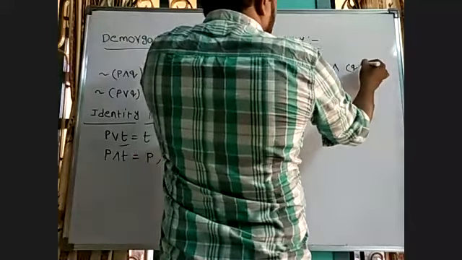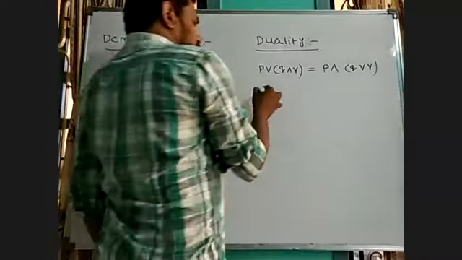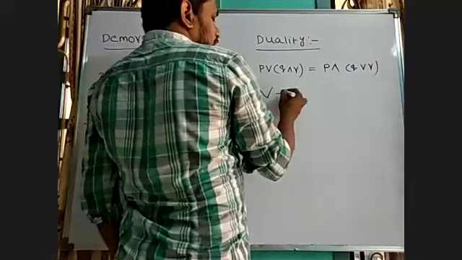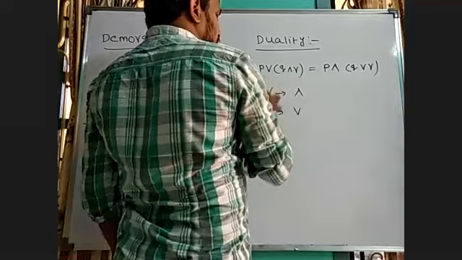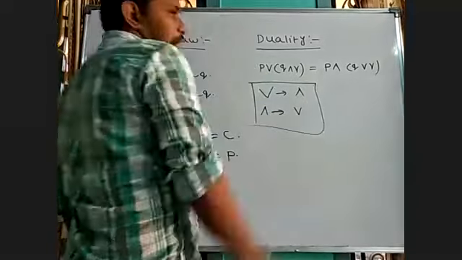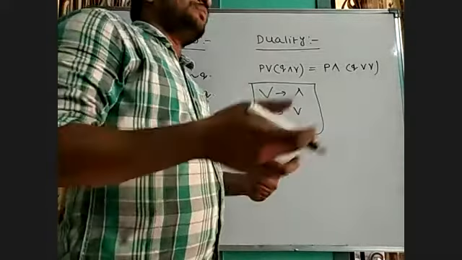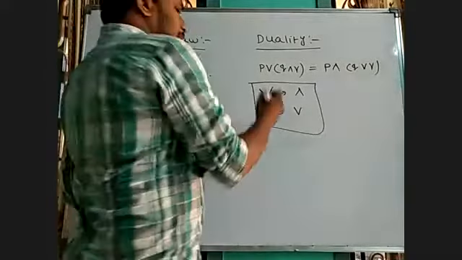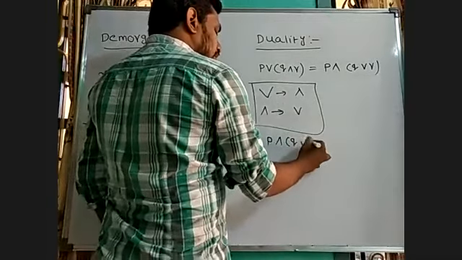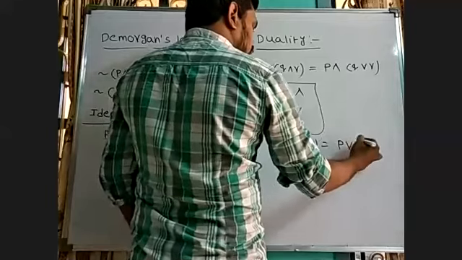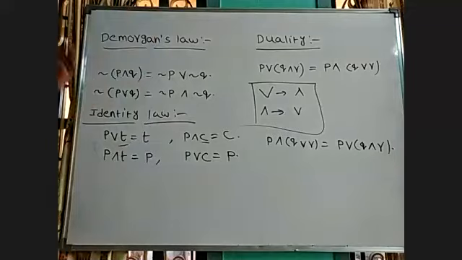If you see this symbol is there, we will write this other symbol. Suppose this symbol is there, we write this symbol. Replacing of these symbols is called the duality. Okay, right. Suppose S1 and S2 are two compound statements, another one we take Q and R. Duality means if you substitute, this is how we write duality.